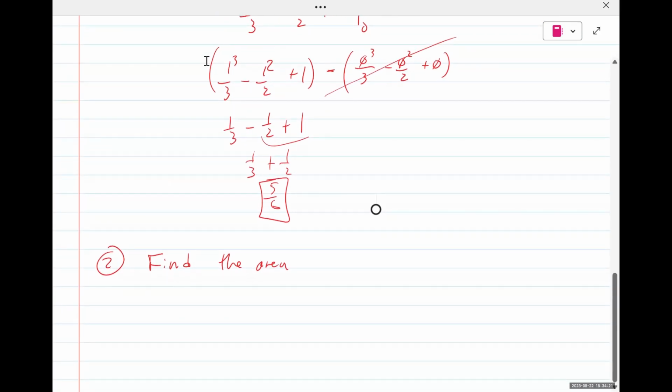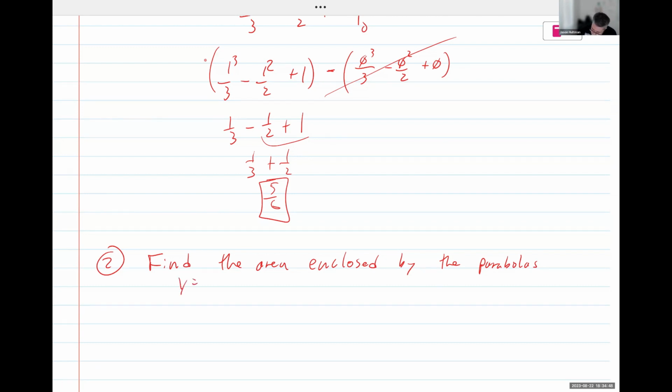Okay, find the area enclosed by the parabolas. Okay, find the area enclosed by the parabolas y equals x squared and y equals 2x minus x squared.